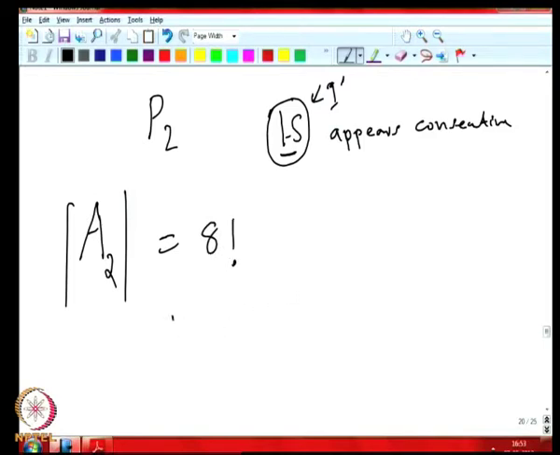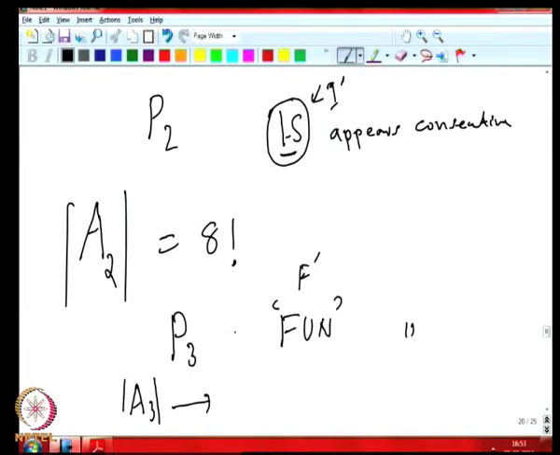Similarly, property 3 is that fun appears consecutive, and the corresponding set A3 is those permutations which have the word fun consecutive. How many are there? Fun can now be compressed into 1, say f dash. Now out of 9, 3 have become 1, so now 7 letters, so 7 factorial.